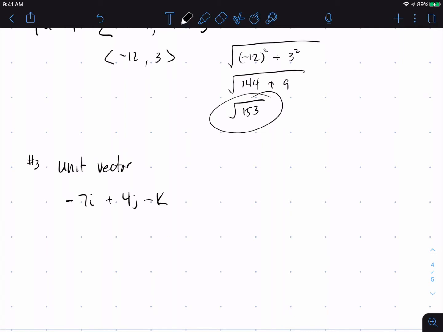So we have to find the unit vector for this. Can you guys do it? Yeah. All right, go ahead and try it, and I'll do it for you in a second.